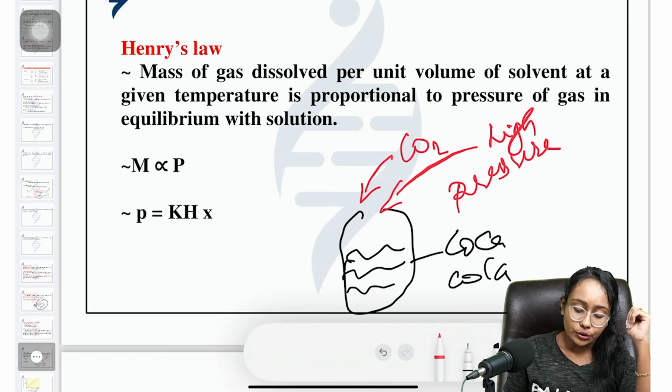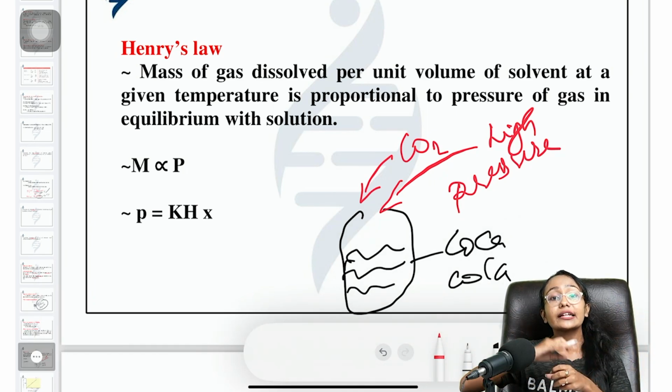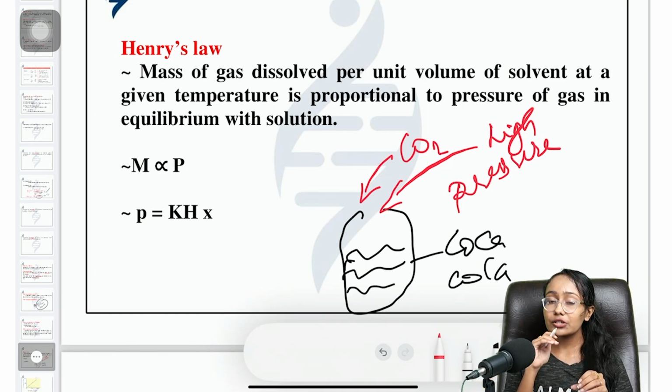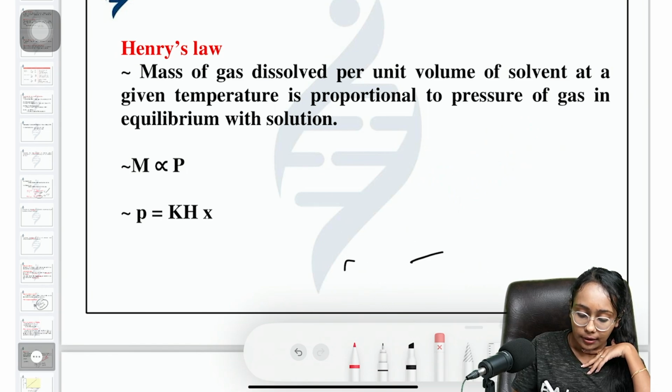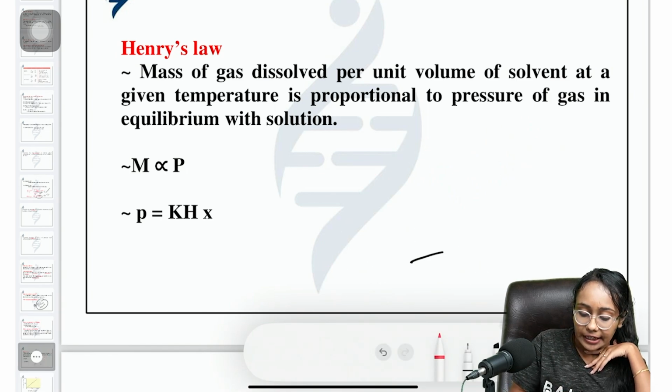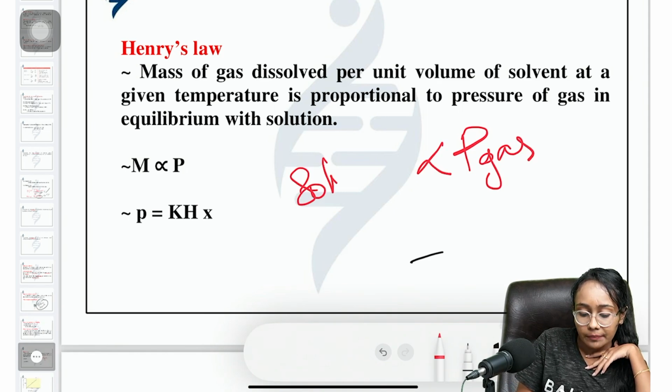In carbonated drinks, I pass carbon dioxide at high pressure into the solution so as to make the gas highly soluble in that particular solution. So here, as I increase the pressure, the partial pressure of the gas, the solubility increases, right?